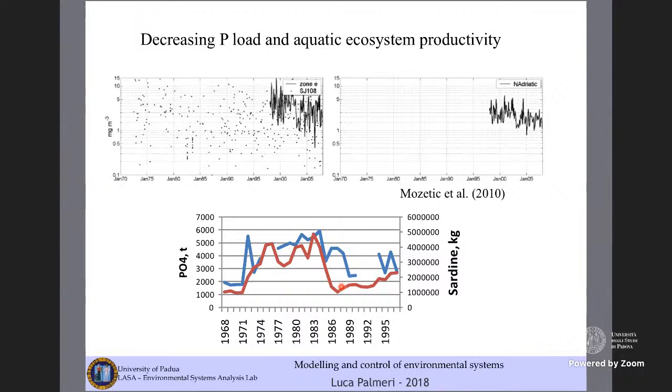In this way, we have an evident decrease in the phosphorus loads in the 80s, and to this decrease in the phosphorus loads, we have a corresponding decrease in the sardines that were fished in the Adriatic Sea.